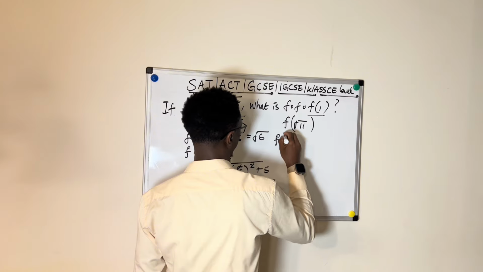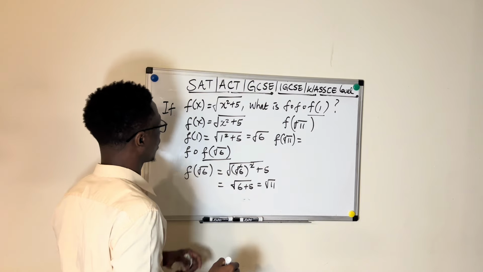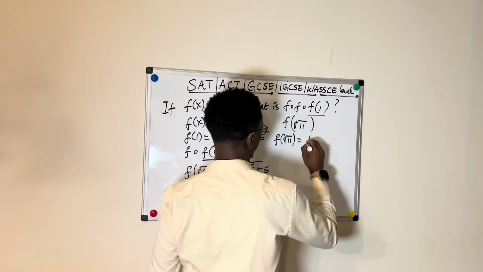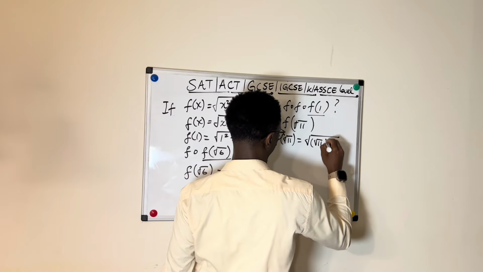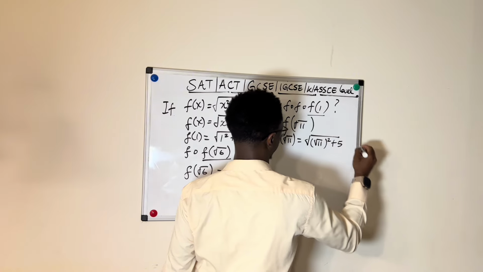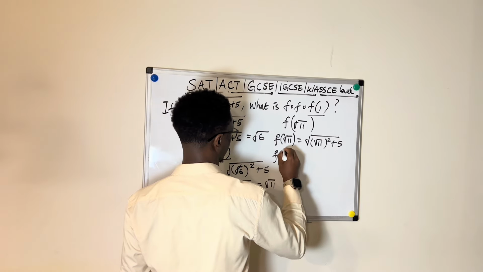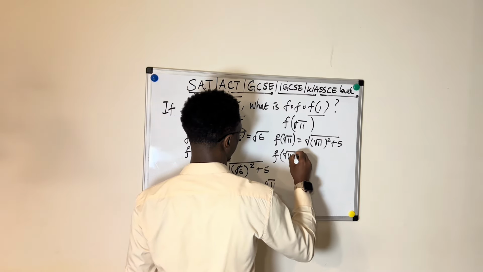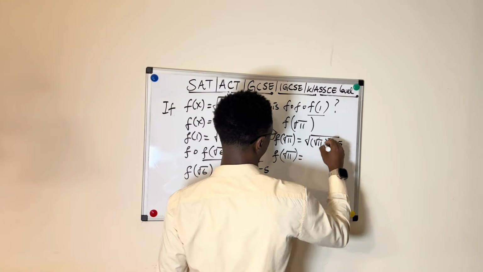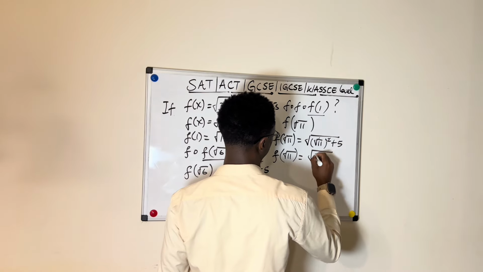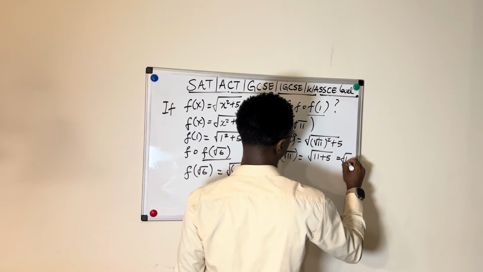So my f of root 11 is equal to root of root 11 all squared plus 5. The square and the root cancel, so we are left with 11 plus 5, which is just root 16.